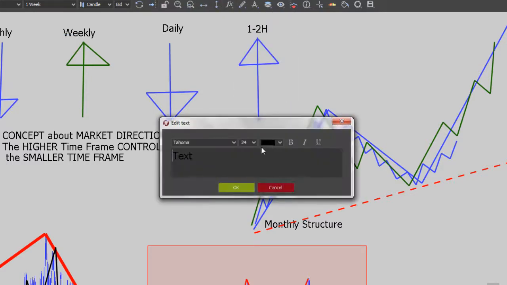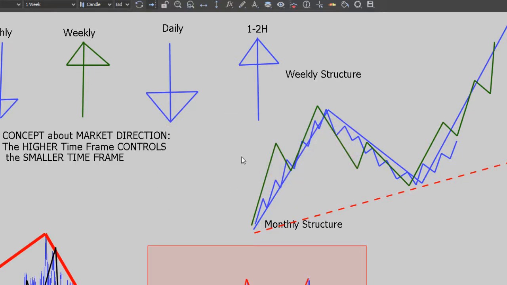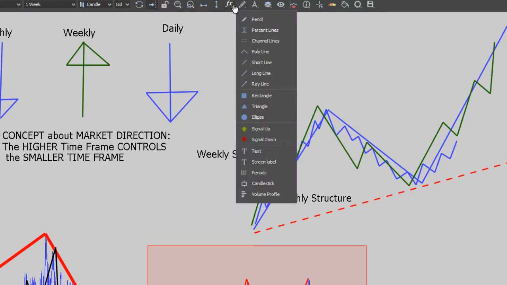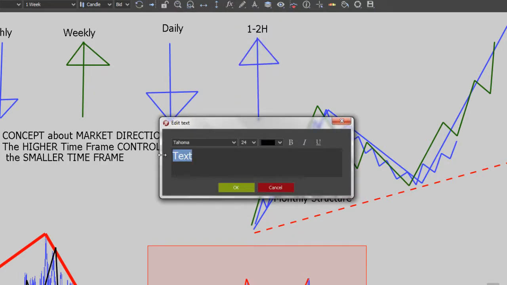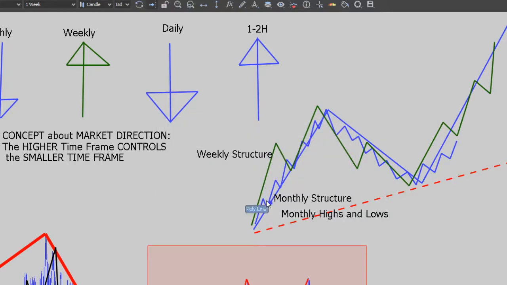So let's write weekly structure, the green one, weekly structure, monthly structure, and we are going to add something more, monthly highs and lows. I'm telling you, this is going to be a difficult lesson today, so if you have questions, please ask. Okay, so this is the monthly structure, and the blue ones are the monthly highs and lows.